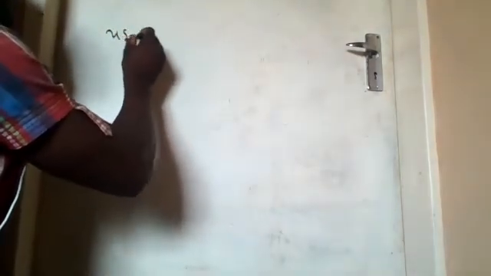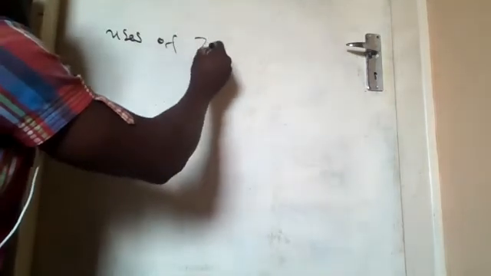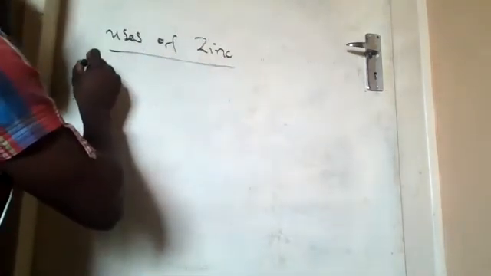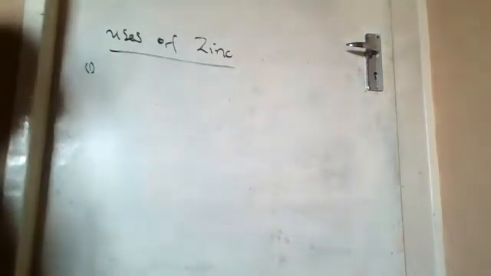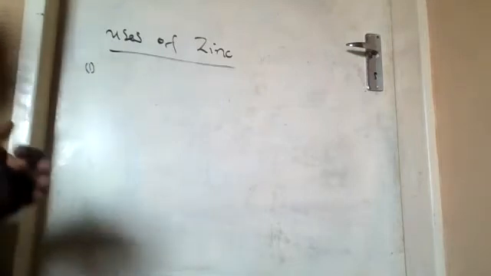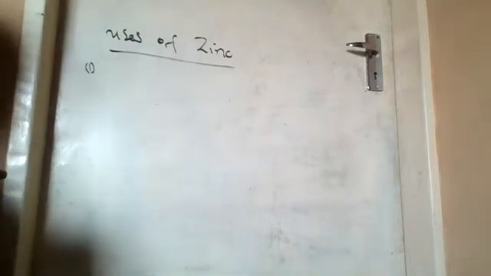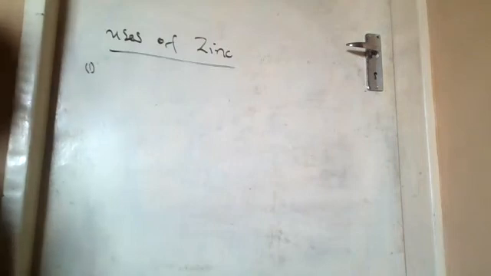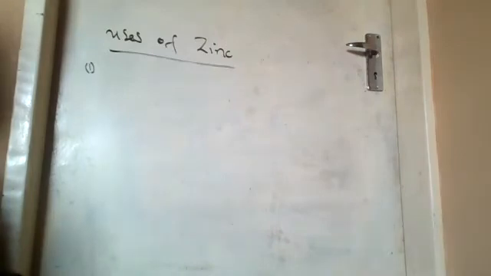Now, when you get this zinc, where do you use it? So we have to look at the uses of zinc. This zinc that you hear of is very important because there are times when the job you want an item to perform is very tough.